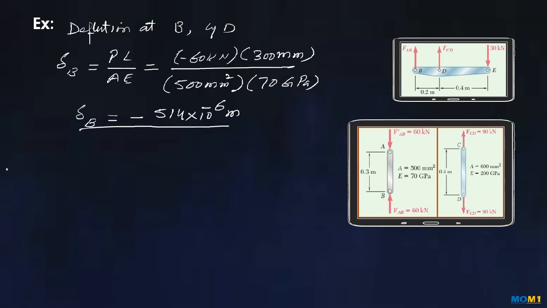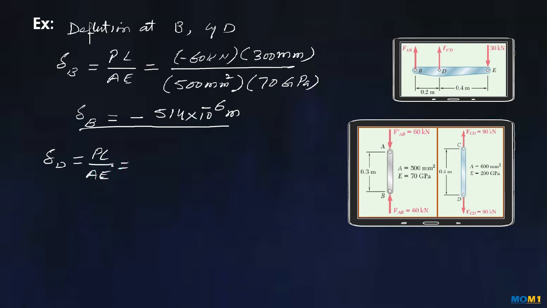Now for the deflection in link CD, I am using this as del D. Again the same expression, PL upon AE.